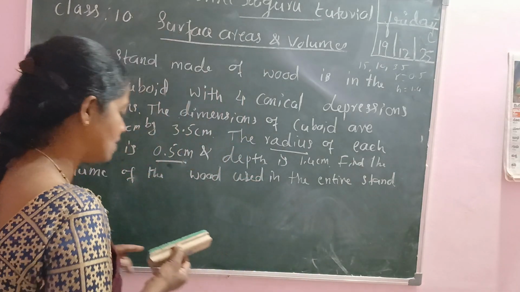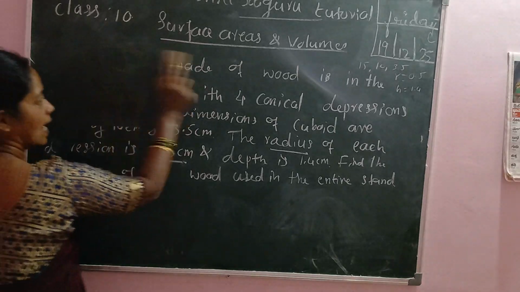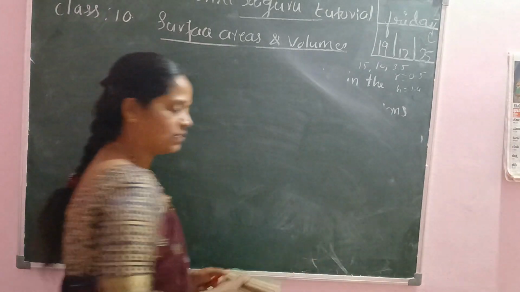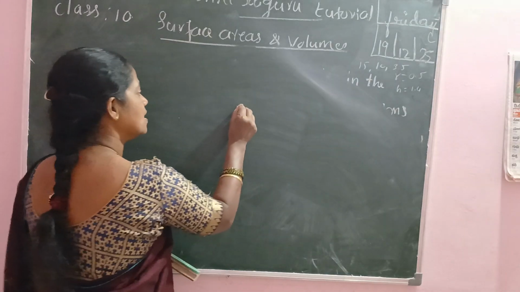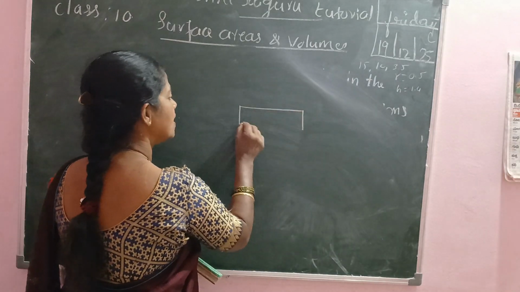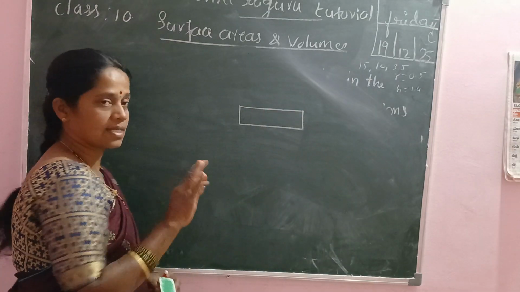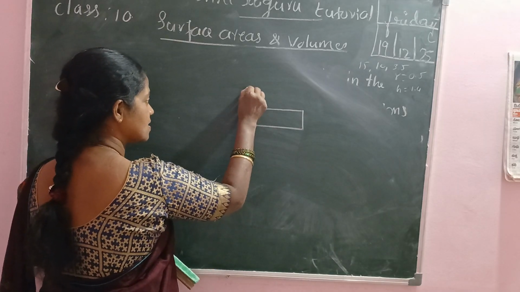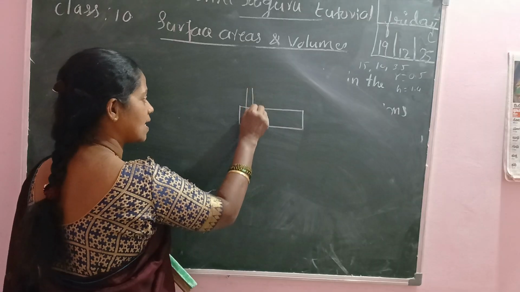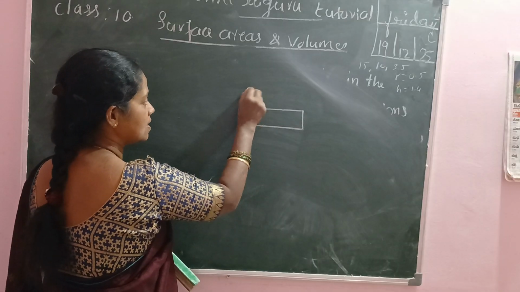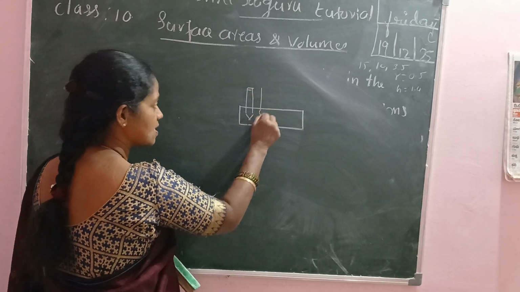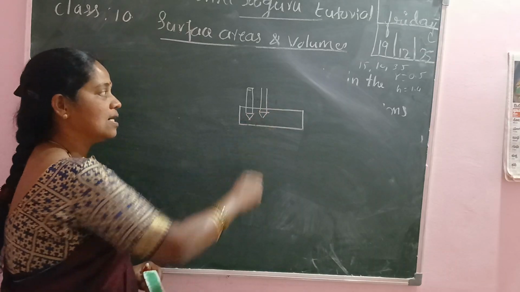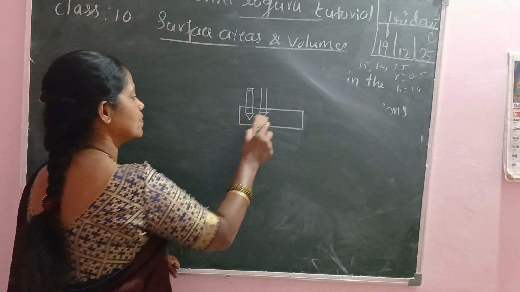Now I have drawn the diagram. Actually, the diagram is already given in the textbook. You have one cuboidal stand which is made of wood, and this is nothing but a pen stand. It has four depressions for pens, and these depressions are in the form of a cone.